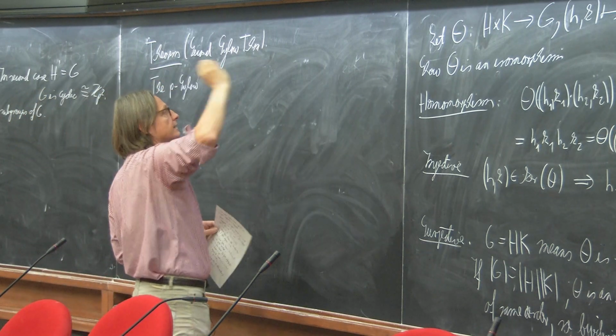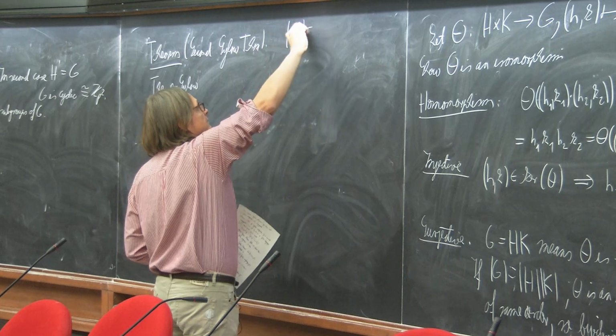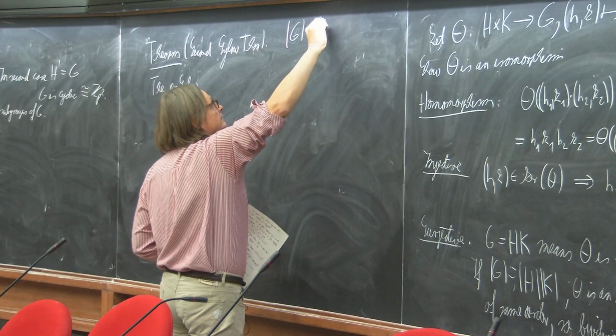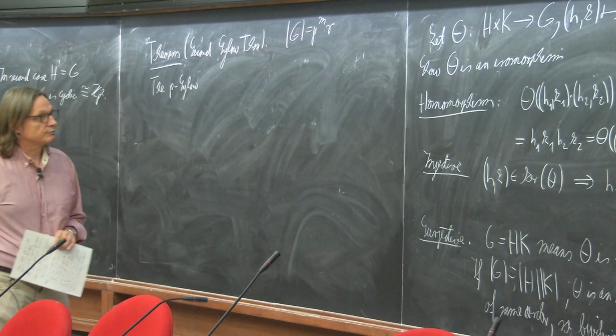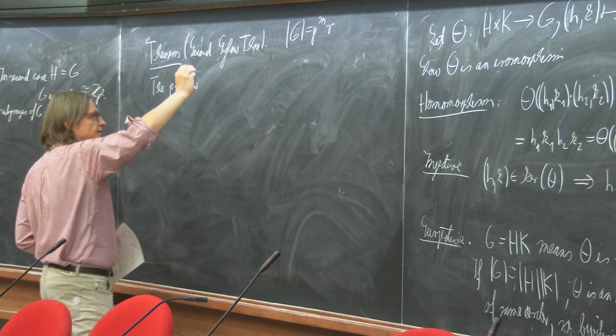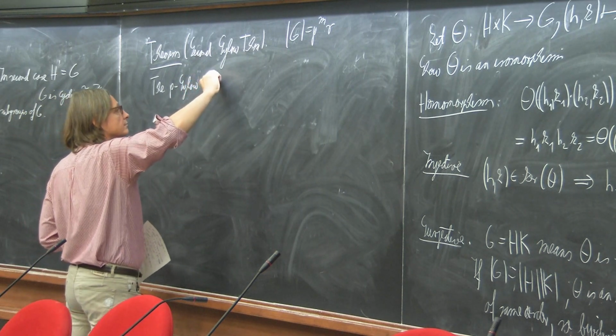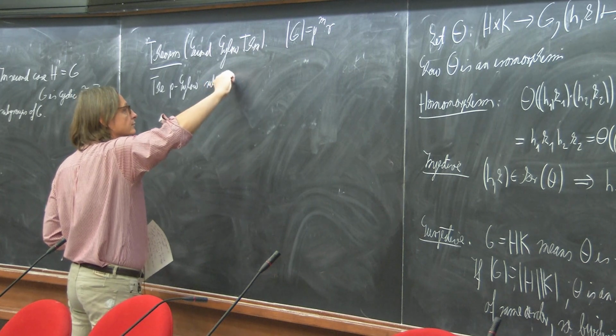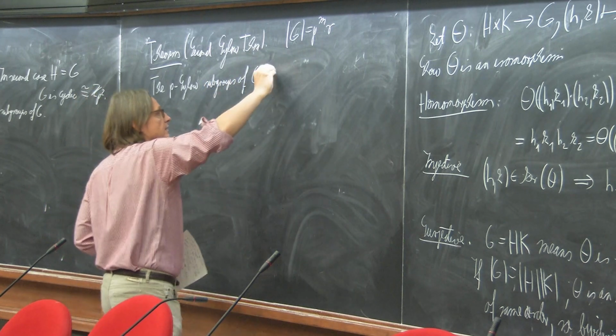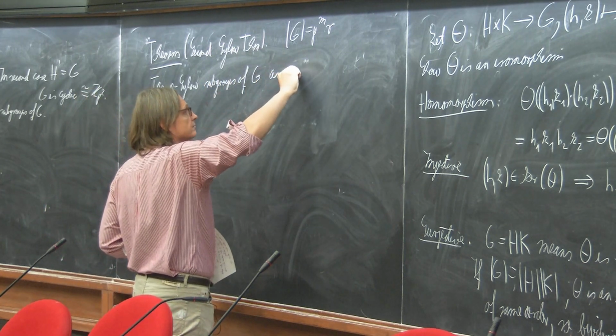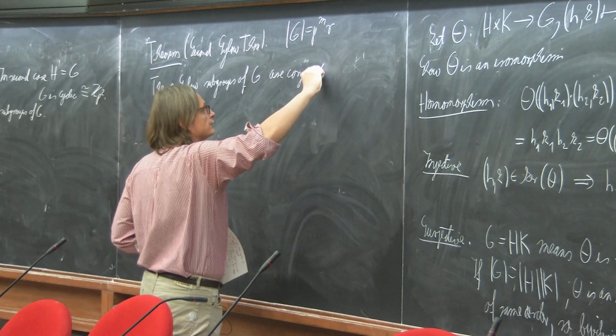One should maybe again say that the order of G is equal to p to the m times r, where r is relatively prime to p. So the p-Sylow subgroups of G are conjugated to each other.